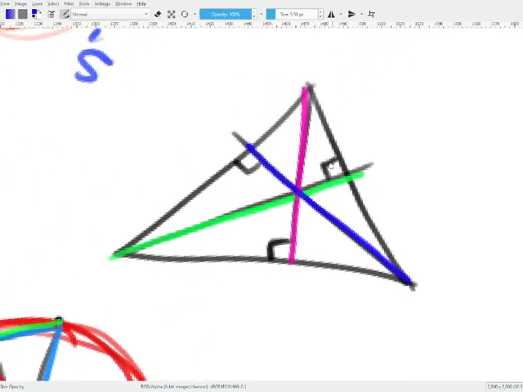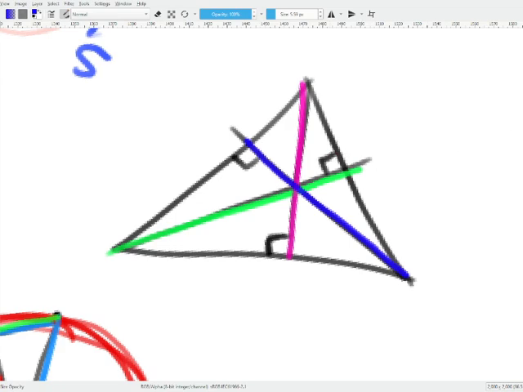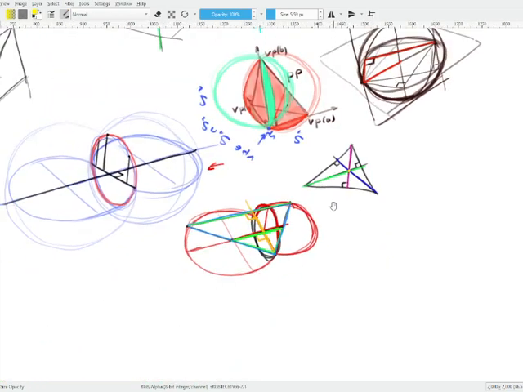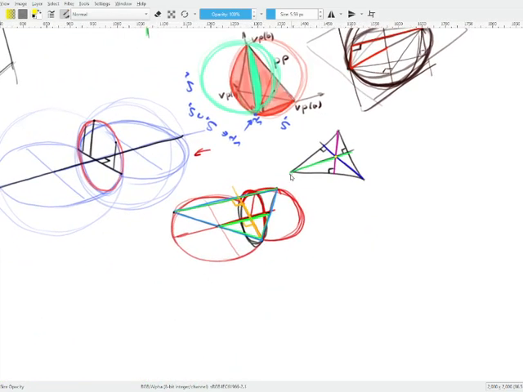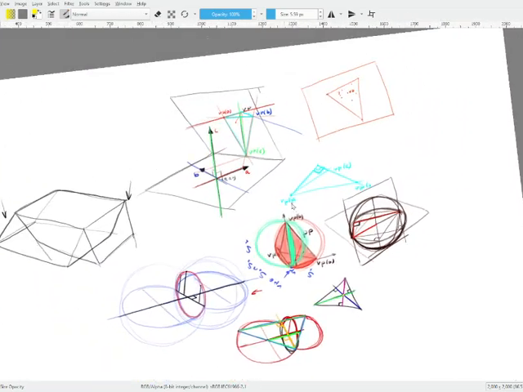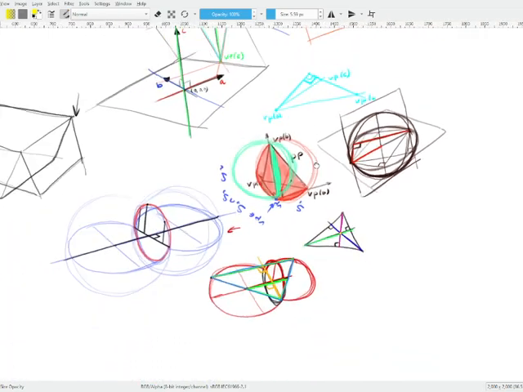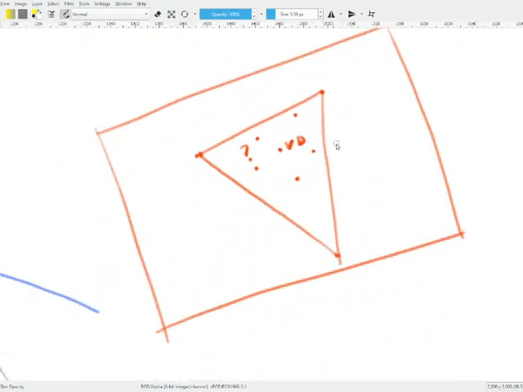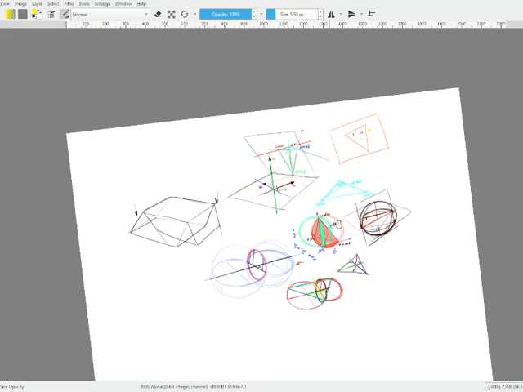So it should lie in the intersection of all of these lines. But there is only one point which is an intersection of these three lines. So we found out how to describe the projection, and we can resolve this question.